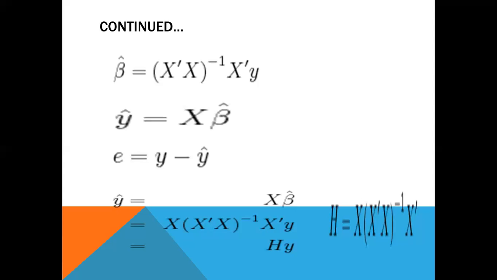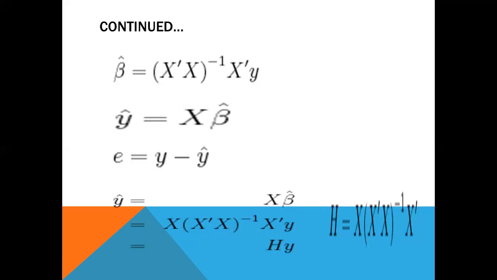So, no sorry, the b cap is nothing but x transpose multiplied by x to the power minus 1 multiplied by x transpose multiplied by y. So we have substituted the value of b cap. That complete equation we write as h, that is the hypothesis.